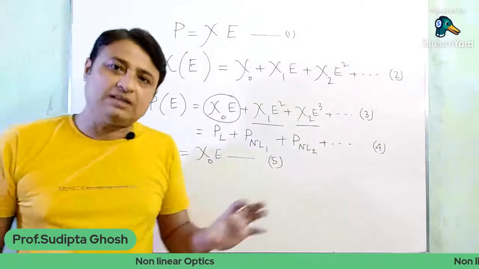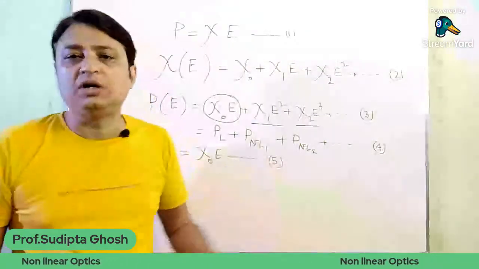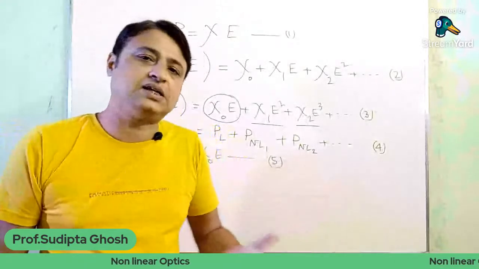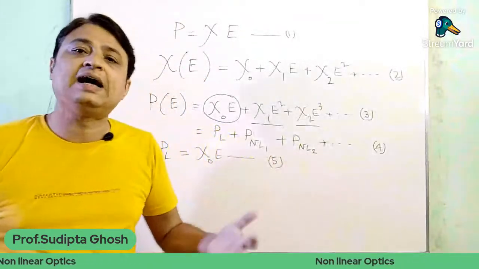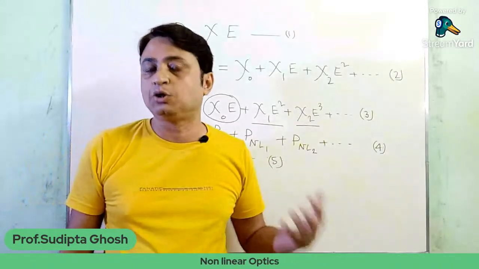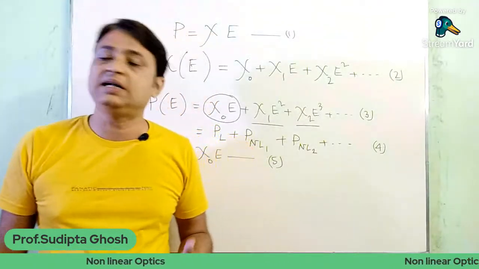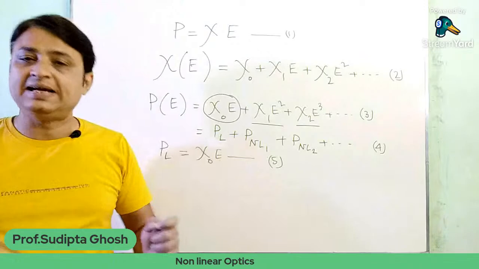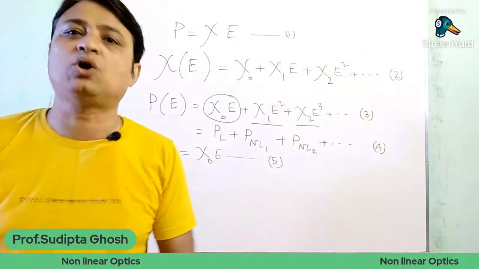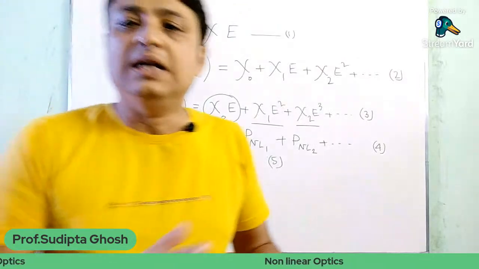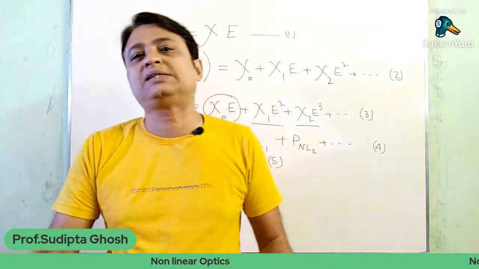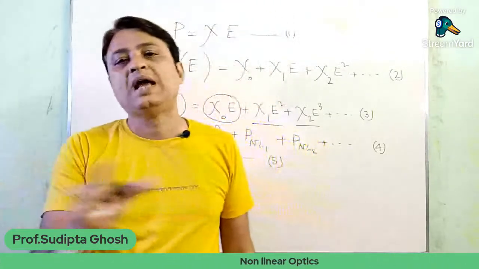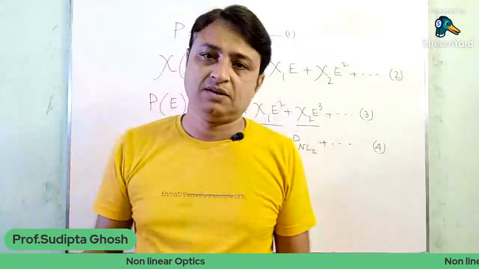It is not the case that when we talk about non-linear optics, those linear optical phenomena, that is interference, diffraction, polarization, and so on, are not present. They are present in non-linear optics as well because of the linear term PL. So in non-linear optics, linear effects are present as well as some non-linear effects, and these two together make up non-linear optics. Okay.